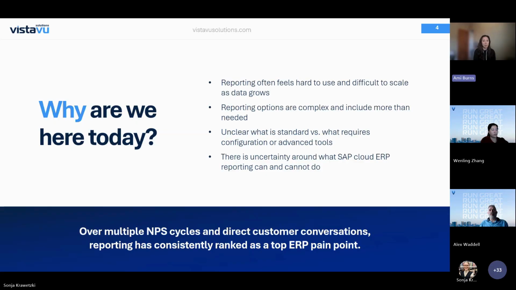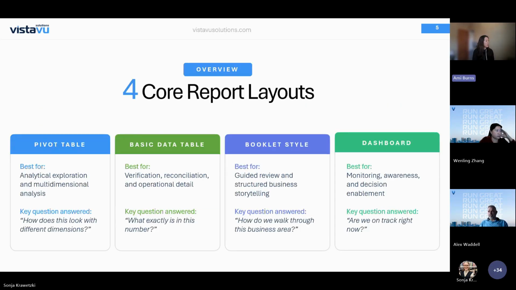Next slide, please. I wanted to start off by talking a little bit about the four core layouts and what they're really for. The first one is the pivot table. It's best used for analytical exploration and multidimensional analysis. The key question answered here: how does this look with different dimensions? Typical folks who may use this type of table layout would be FP&A, finance leadership, business analysts, and department heads.